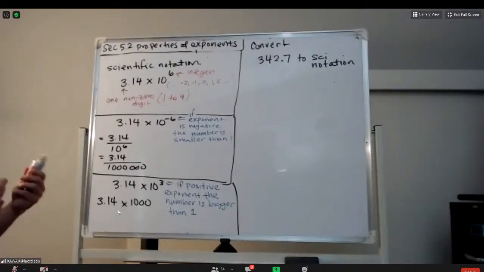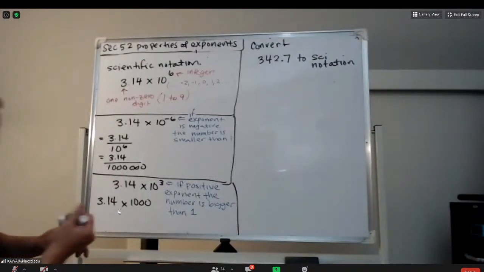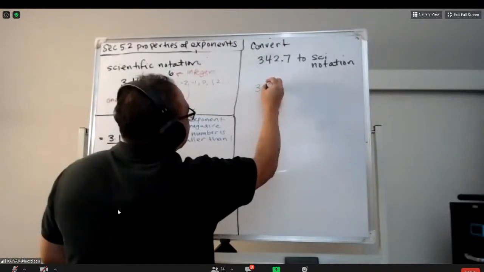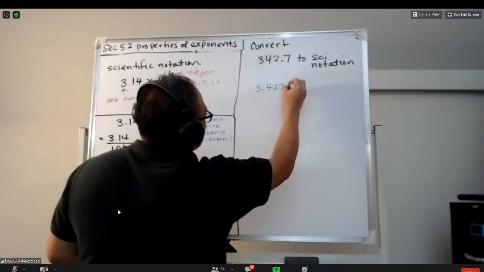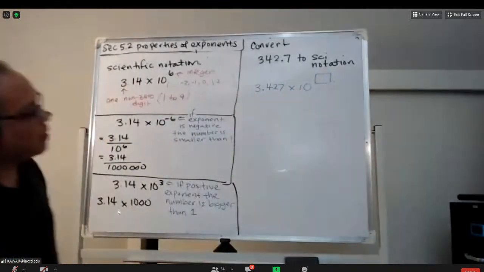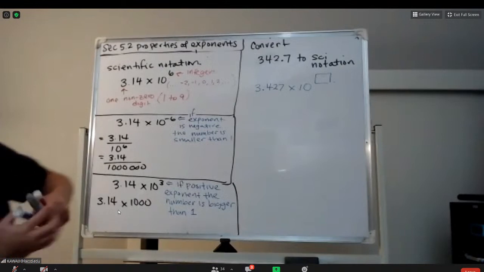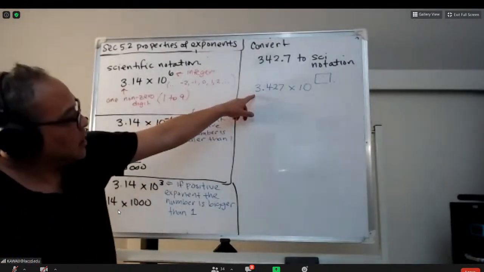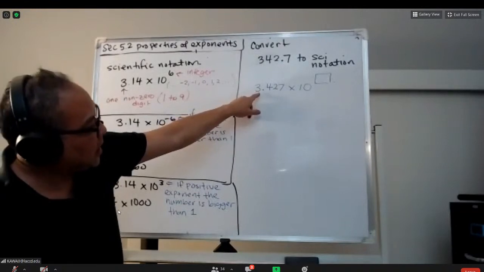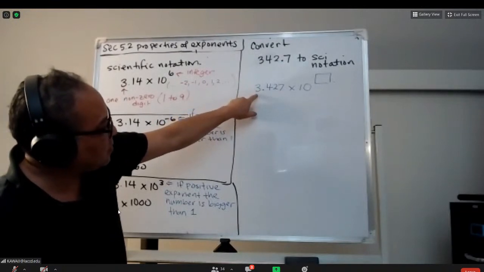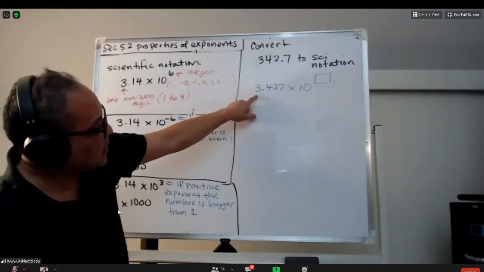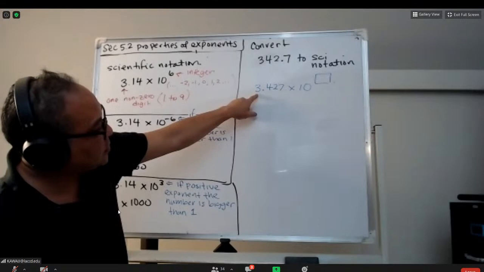Now, the way the game works is that I am forced to have my beginning part look like this. Meaning that I have to have one non-zero digit here. This has to be 1 through 9. It cannot be 0. It cannot be bigger than 9.